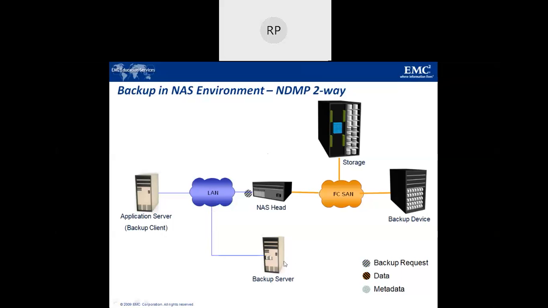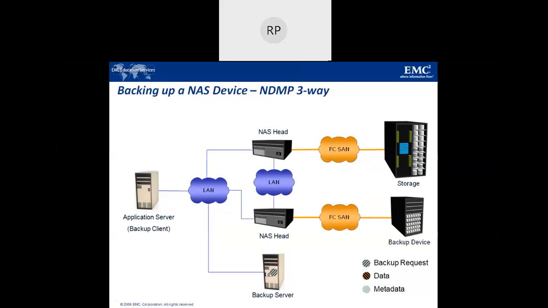The backup server connects to the NAS head and sends the backup request to the NAS head, and the data is going to be transferred directly from storage to the NAS head to the backup device, and only the metadata is going to be sent to the backup server. Okay, only the metadata is sent to the backup server. This is how the backup can be taken in a NAS environment.